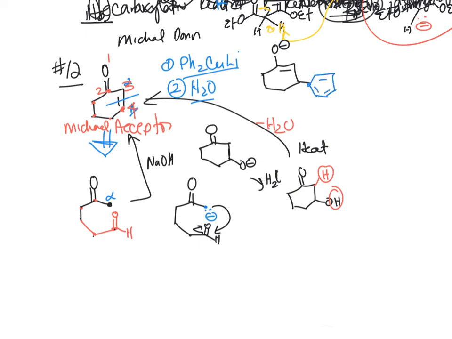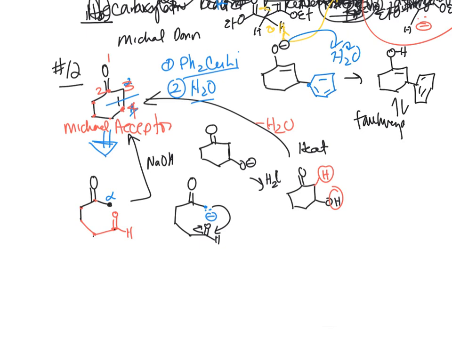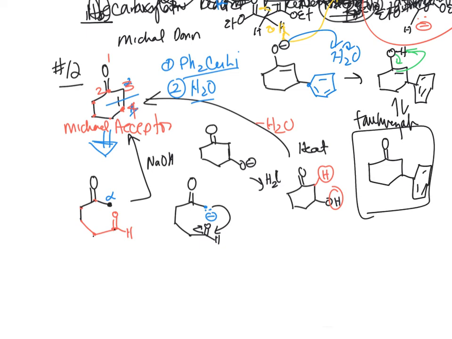So there's your phenyl, and then the water. This picks up the water. And then you can do tautomerization. And you see that that gives you the phenyl adding to the number 4 carbon to give you the product.